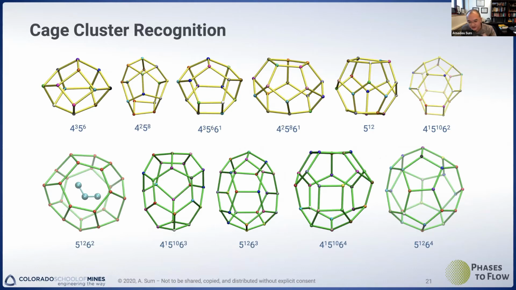And these are cages that might be empty or occupied, and that's another important factor to consider, and something that has not necessarily been given a lot of attention in the literature. Besides identification of the cage, the occupancy is important.